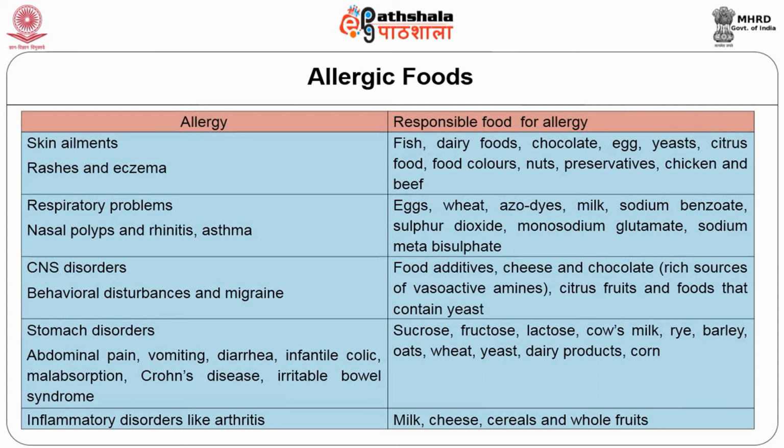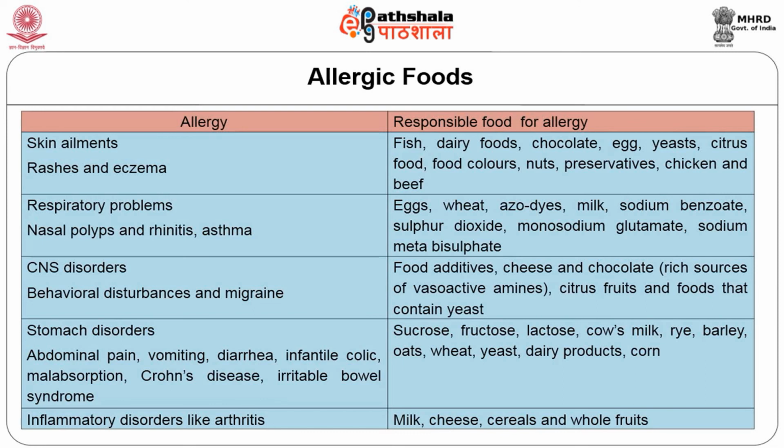Sucrose, fructose, lactose, cow's milk, barley, oats, wheat, yeast, dairy products, corn, consumption of these kinds of things may lead to abdominal pain, vomiting, diarrhea, infantile colic, malabsorption, Crohn's disease, irritable bowel syndrome.